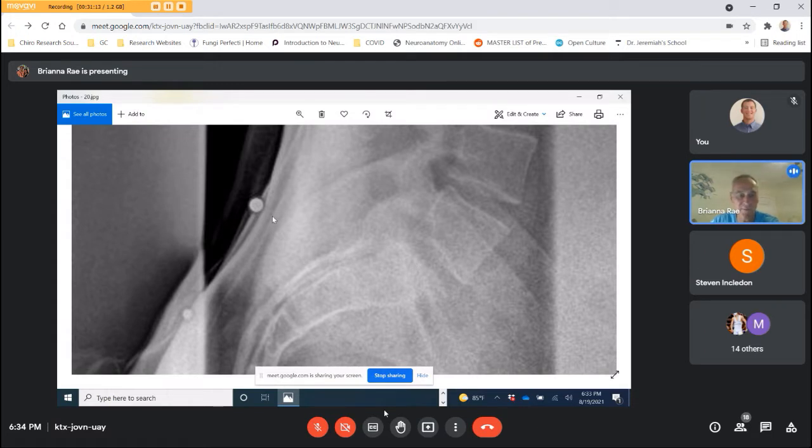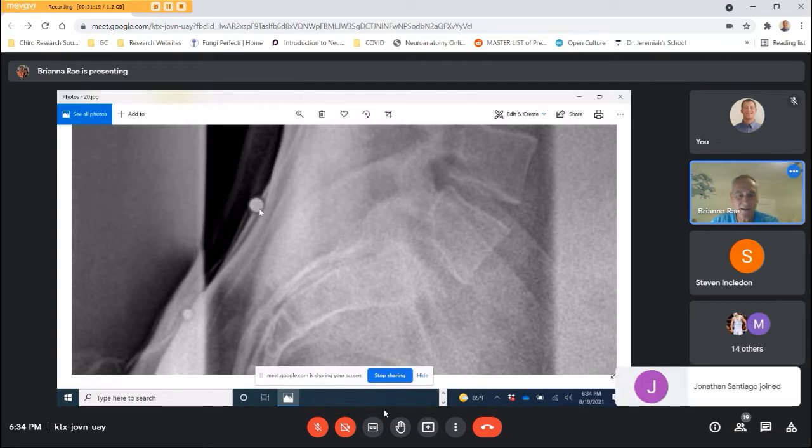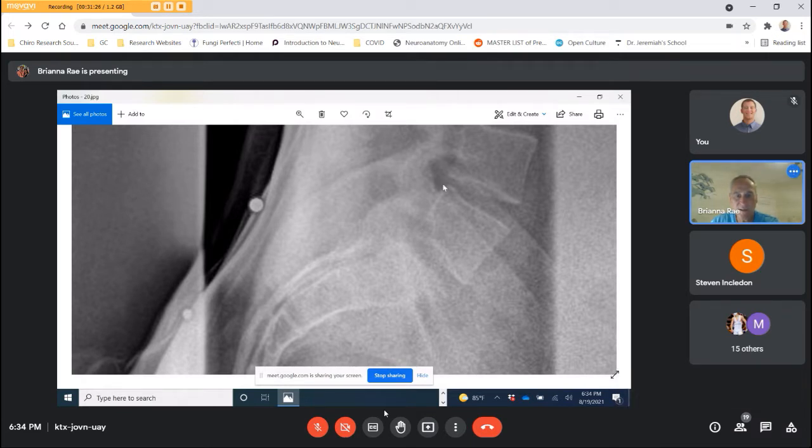Now look, they've marked something here. And what's interesting about this BB is that look where it's at in relationship to the disc plane of L5S1 and the disc plane of 4-5. It's like right in the middle.